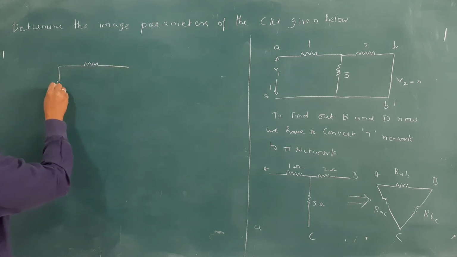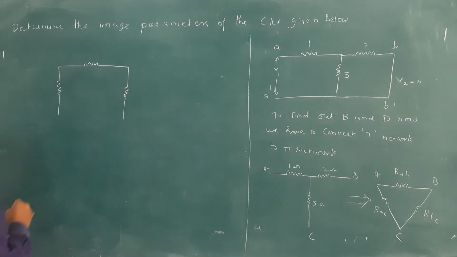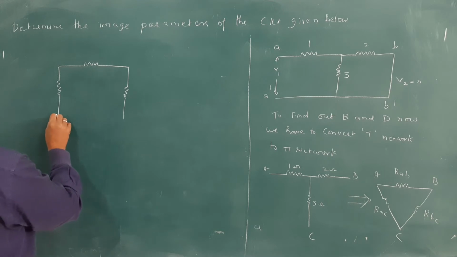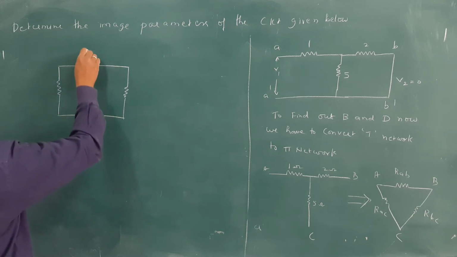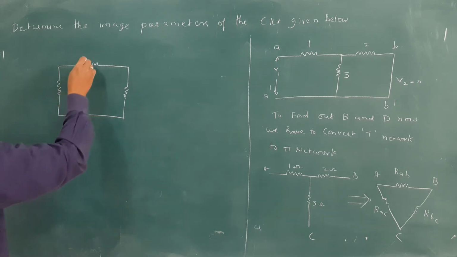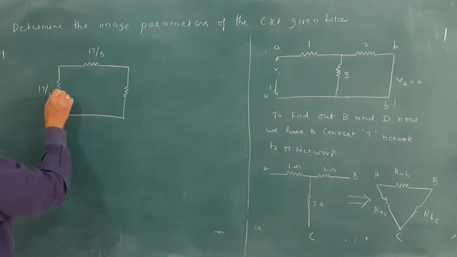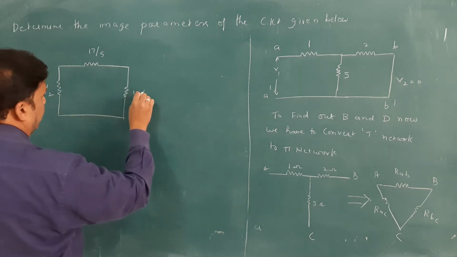So if you take this, we will be having a pi network, and this one is nothing but your 17 by 5, and it is 17 by 2, this 17 by 1.